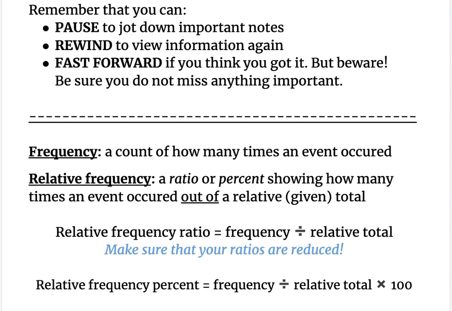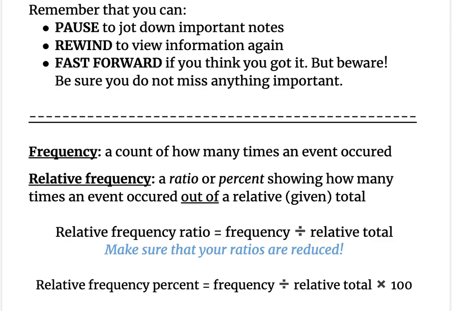So here's a couple of formulas that you should probably write down into your notes. If you want a relative frequency ratio, it's just the frequency, the amount of times it happened, divided by the relative total. Make sure that your ratios are reduced too. If it's a relative frequency percent, it's going to be the frequency, the amount of times it occurred, divided by the relative total, the total you're looking at, multiplied by 100 so you have it as a percent.